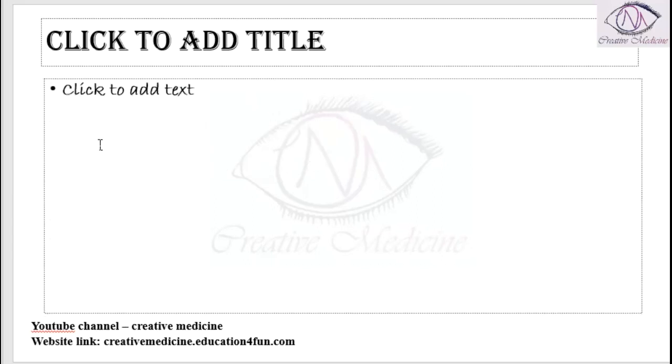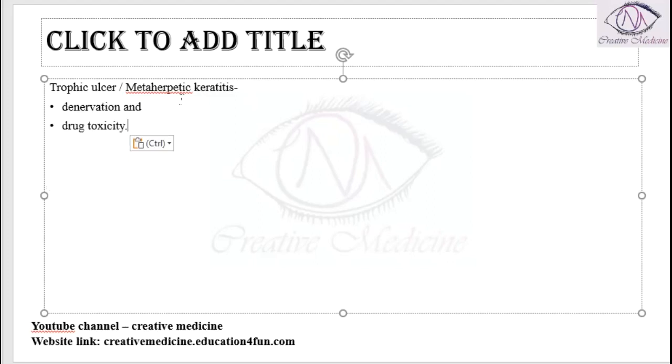Then there is trophic ulcer, also called metaherpetic keratitis, which mainly develops due to denervation and drug toxicity.